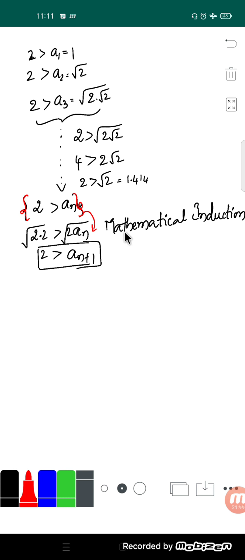That logical reasoning is called mathematical induction. So our sequence is bounded above by 2.